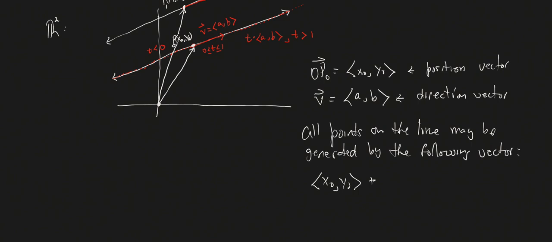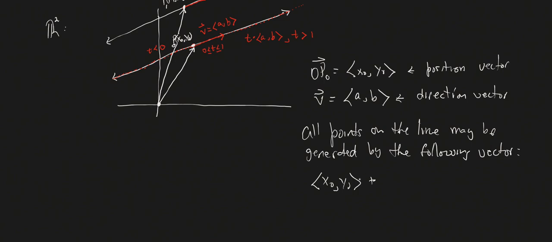If I wanted to get to a point that's further away, I'd have to add some constant multiple of AB, where that constant multiple is greater than 1. If I wanted to get to a point that's closer to x0, y0, but still headed in this direction, I would have to have a scalar multiple of AB, where that scalar multiple is, again, somewhere between 0 and 1. And similarly with the argument that I gave earlier.